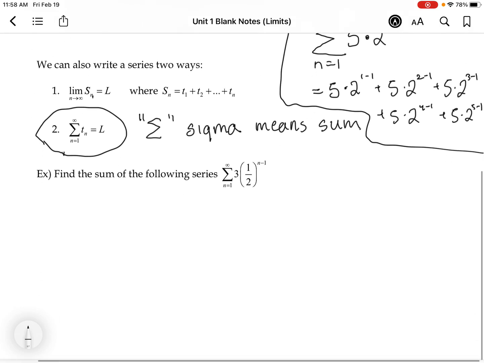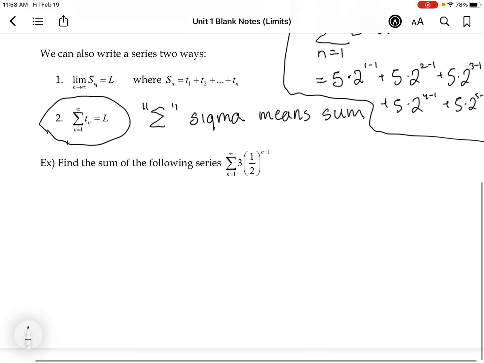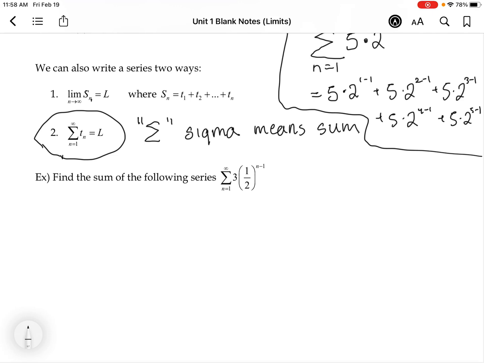Okay, so for example, find the sum of the following series. Here the geometric sequence would be this over here: 3 times 1/2 to the n minus 1. If I'm looking at that being the geometric sequence, to get my a value I have to figure out what is the first term. To do so, I have to ask, where does n start? n starts at 1.